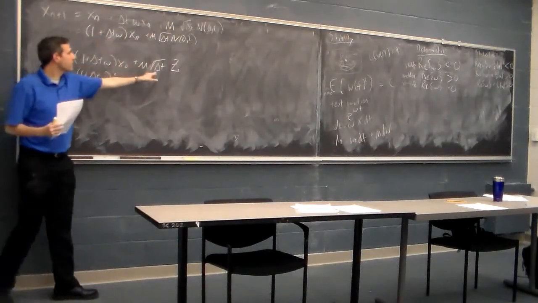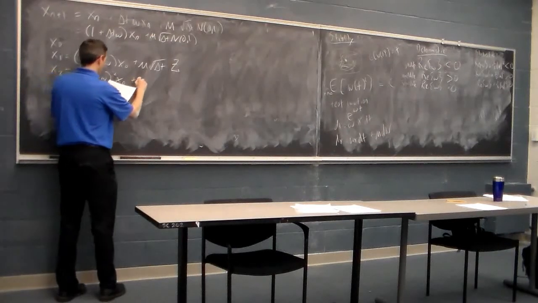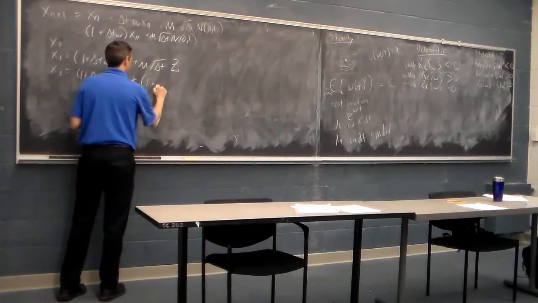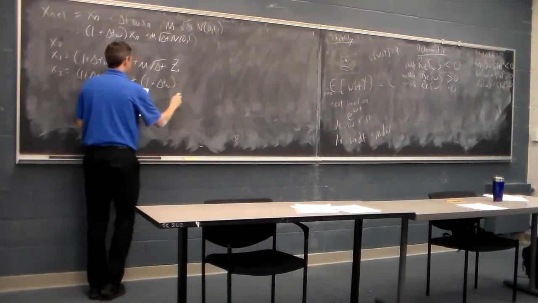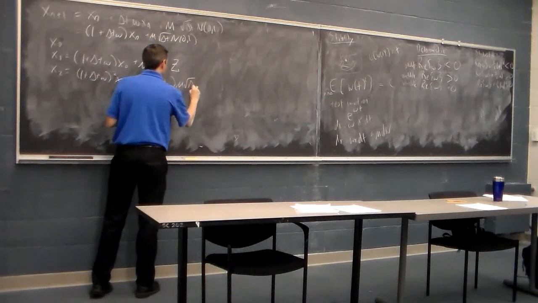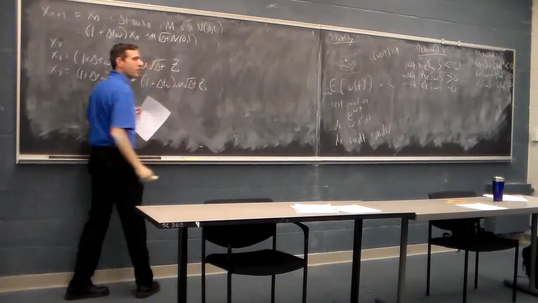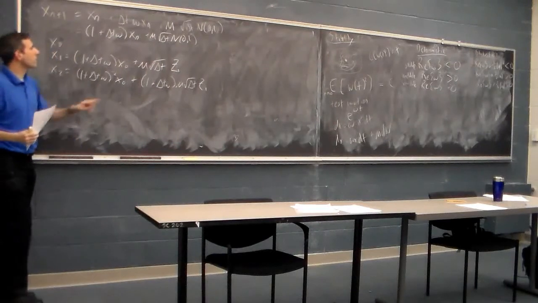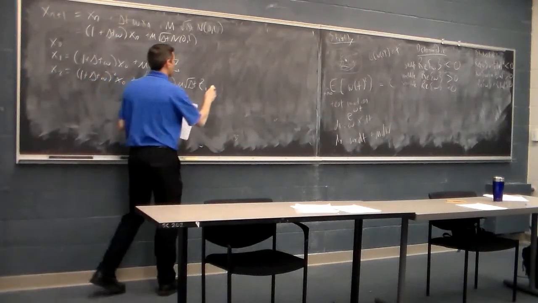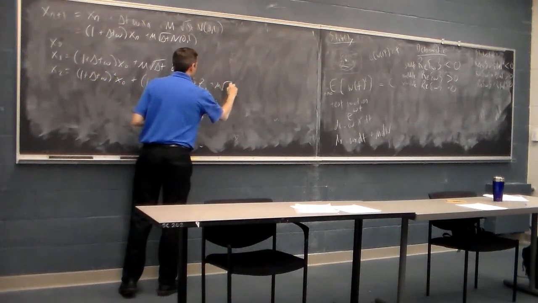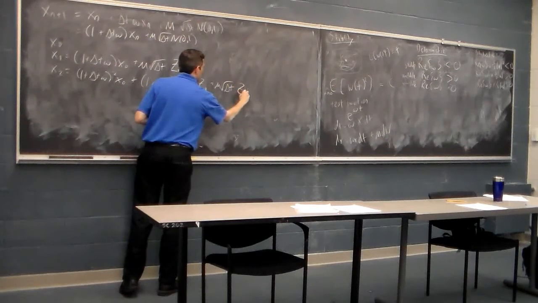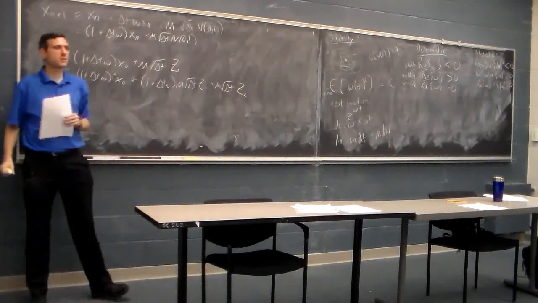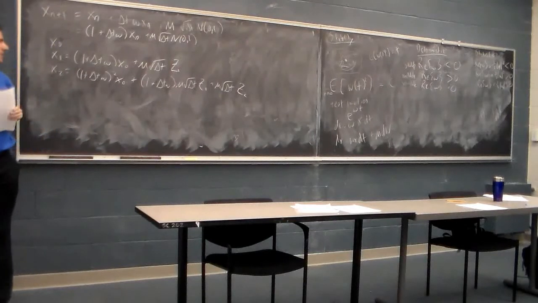Then we've got this times this, so we're going to get 1 plus delta t omega mu square root of delta t z1. And then we are throwing in a new noise term, so that would be mu square root of delta t z2. Does that make sense to everyone?